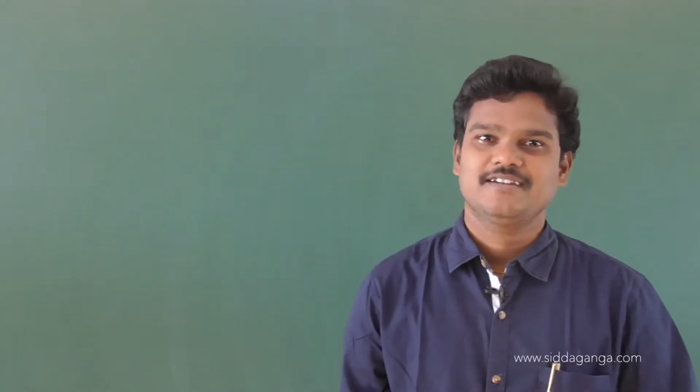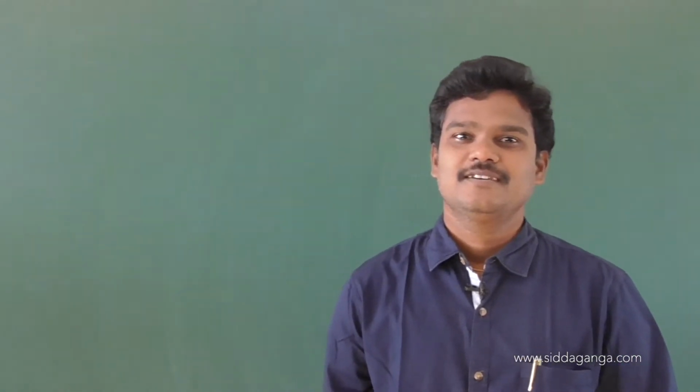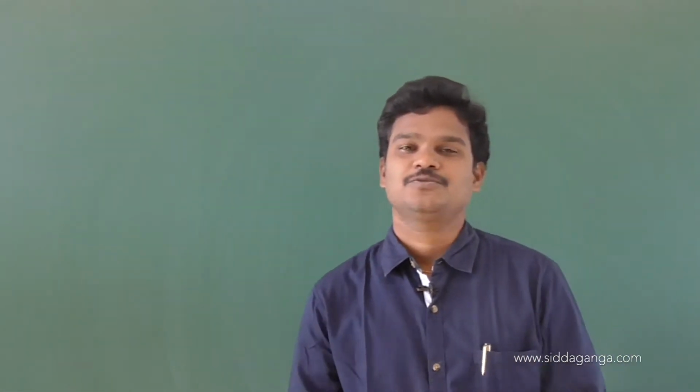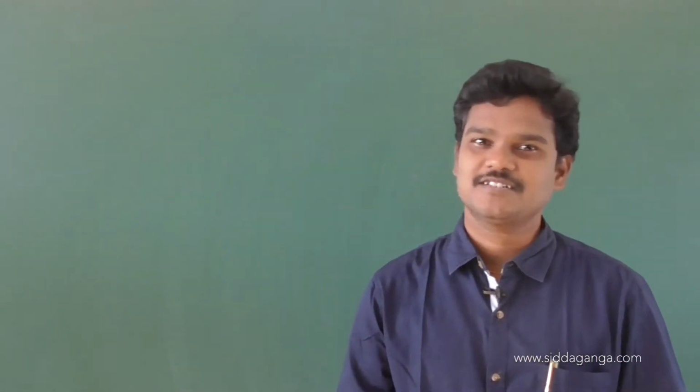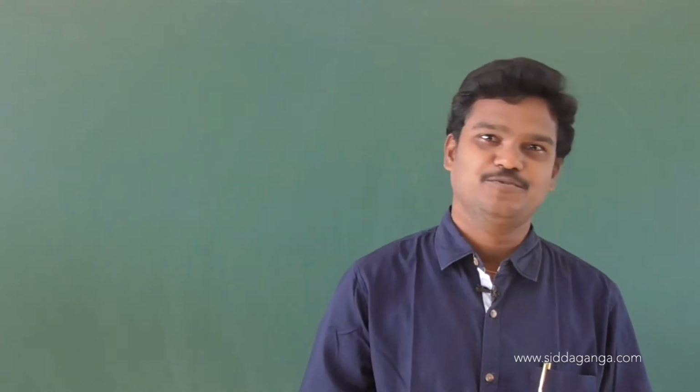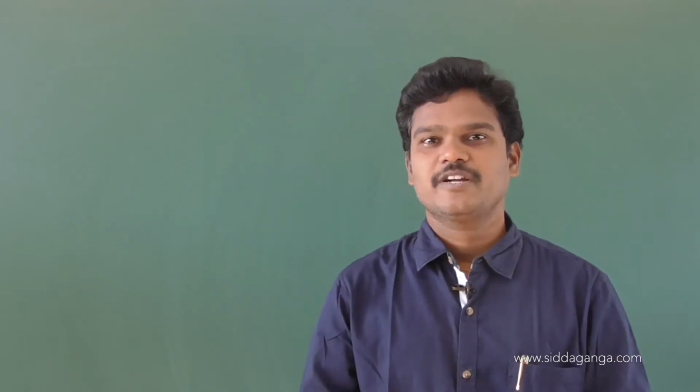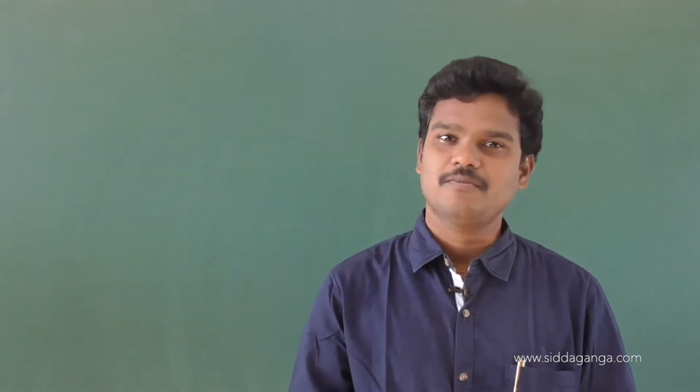Hello dear students. Let me continue session 3 from system of particles and rotatory motion. In the last two sessions I gave a very basic idea about system of particles and rotatory motion, and one of the concepts from it is center of mass.